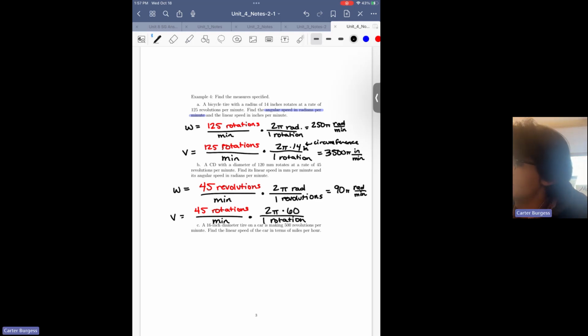Not just 60, but 2 pi times 60, whatever that circumference is. So 2 pi times that value of 60, which should give us 5,400 pi. In this case, not inches though. This is millimeters per minute.